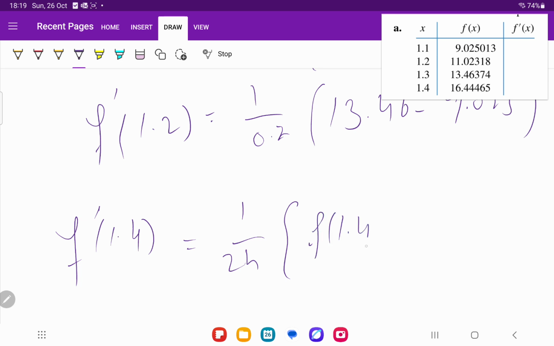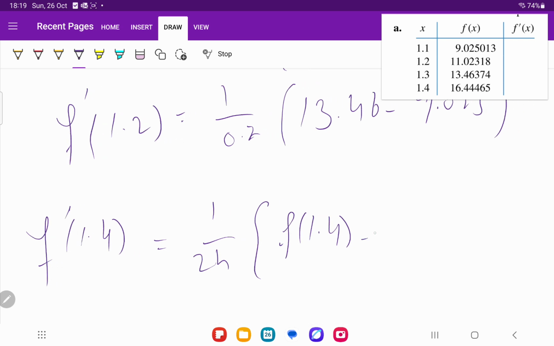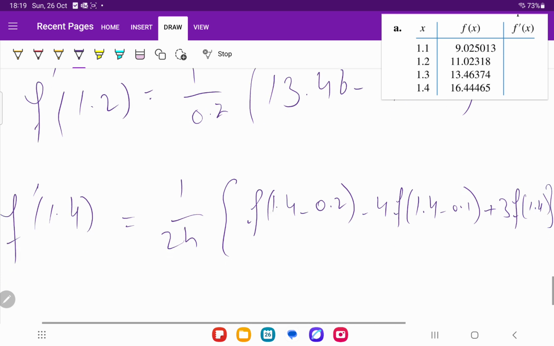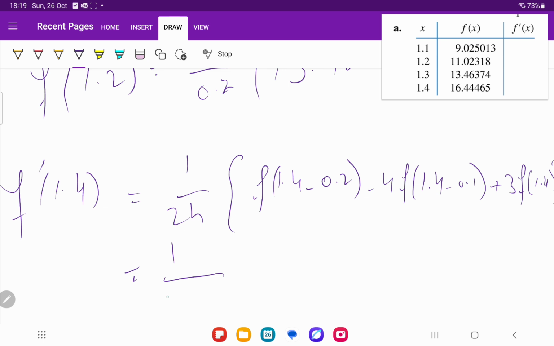F of 1.4 minus 2h, 1.4 minus 2h meaning 1.2, minus 4 f of 1.4 minus h, plus 3 f of 1.4. So you just need to put the values to get your answer.